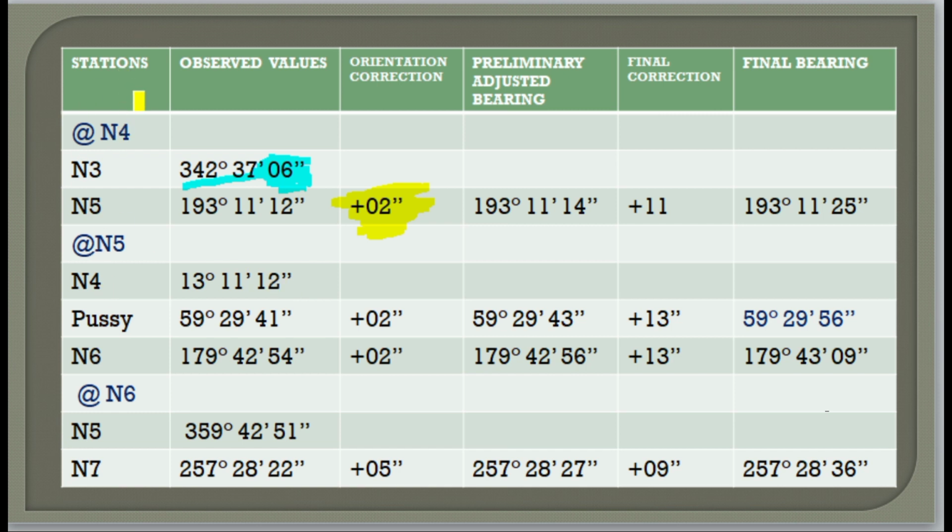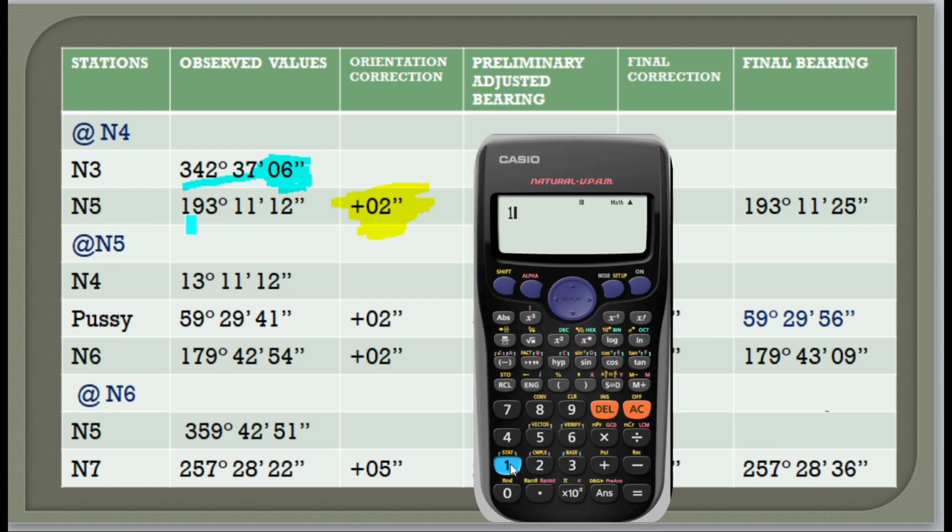So from N4 to N5, we had a forebearing of 193, 11, 12. By minusing 180 degrees in order to get our correct observed back bearing, our answer will be 13, 11, 12.